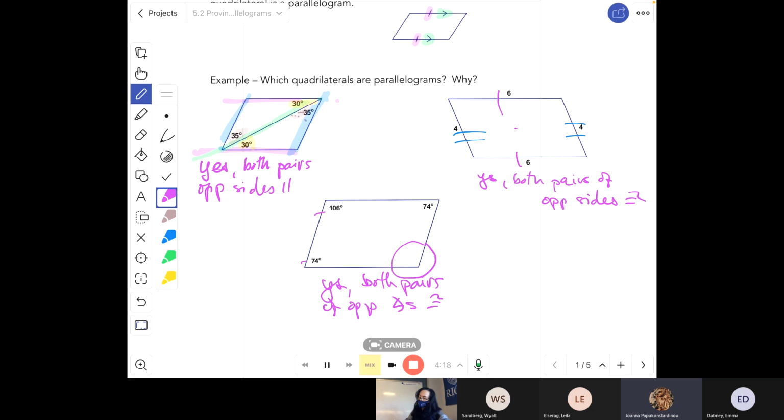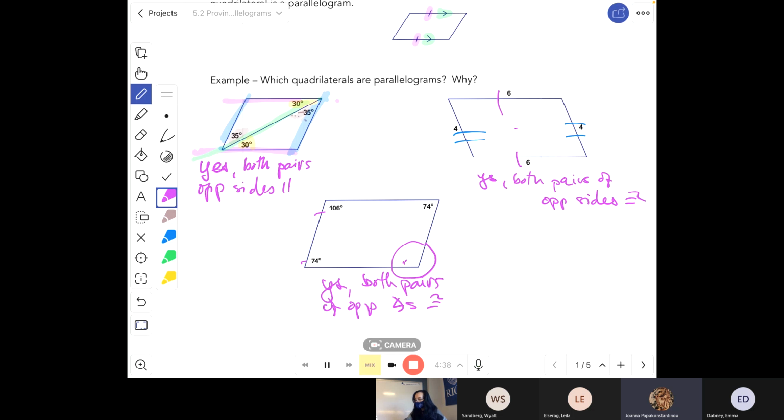If these turn out to be parallel, then we know that the alternate interior angles will be the same. But we also know the sum of the interior angles equals what? Of all 360. So we could add the 3 that we have, subtract from 360, and see that this one is in fact 106 degrees.